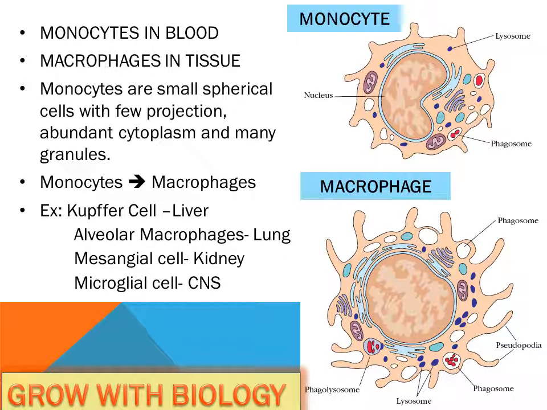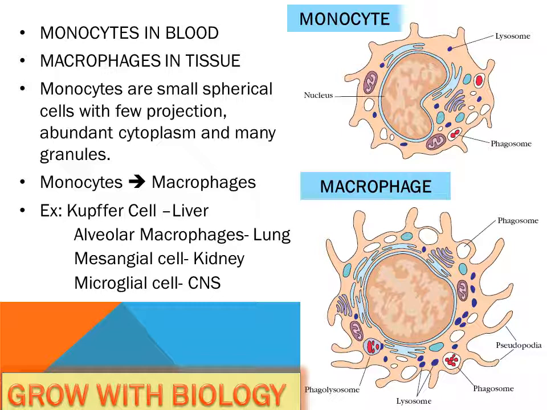Next is monocytes and macrophages. Monocytes are found in blood, whereas macrophages are found in tissue. Monocyte is the precursor of macrophages. If we look at the structure, monocytes are small, spherical with few projections, abundant cytoplasm and many granules.